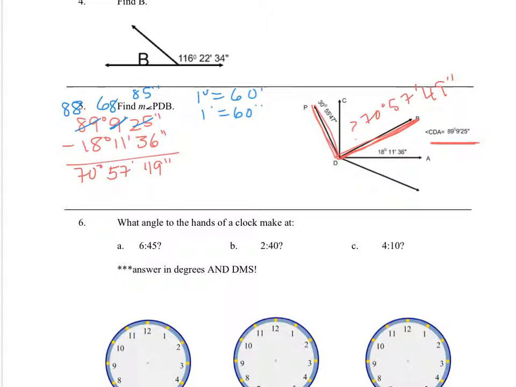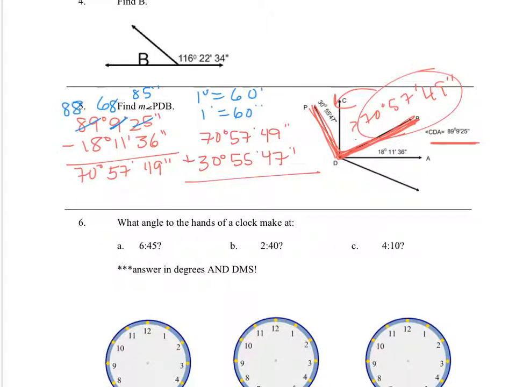And we want the measure of this whole thing, angle PDB. So we're going to have to add this number to that number. So 70 degrees, 57 minutes, 49 seconds, plus 30 degrees, 55 minutes and 47 seconds.